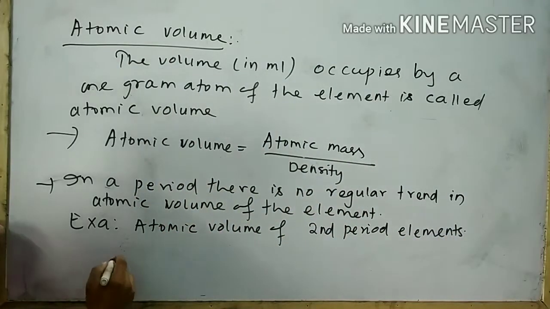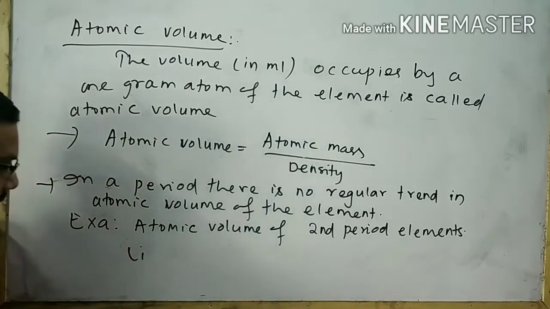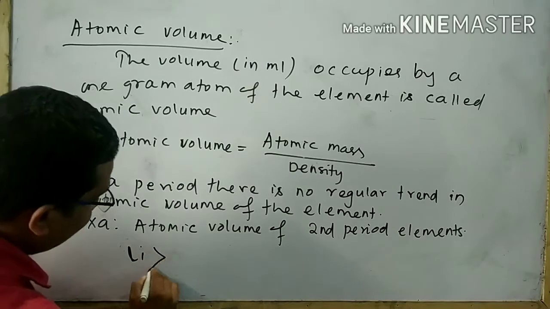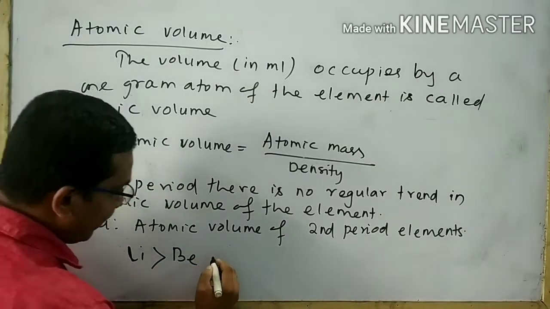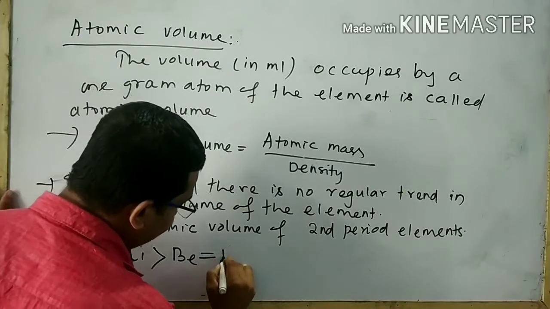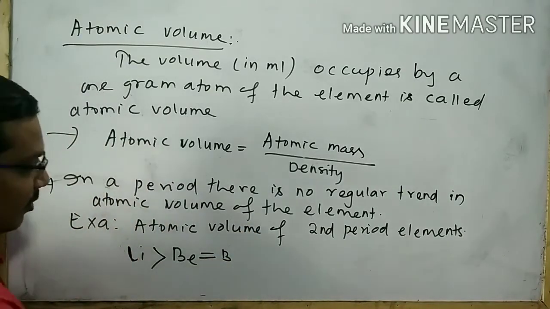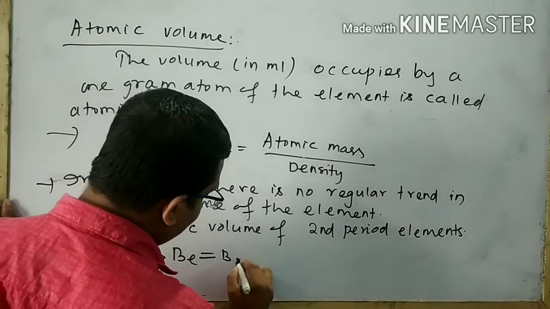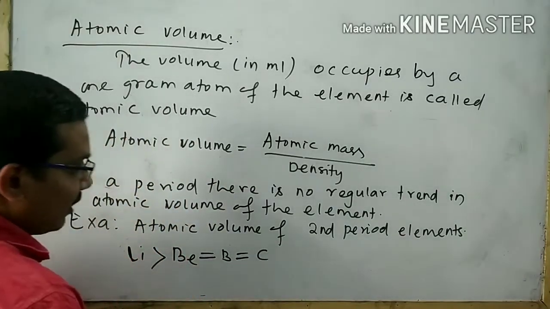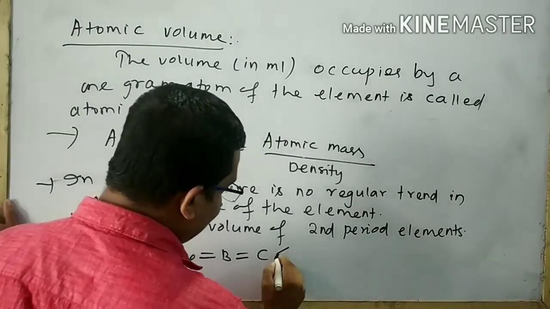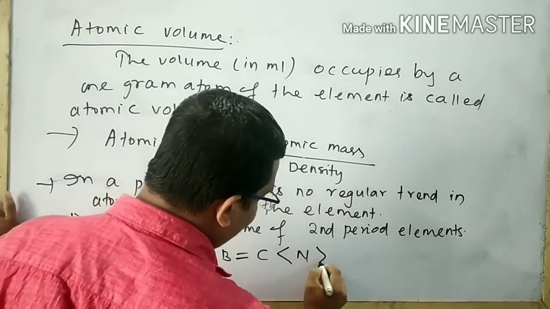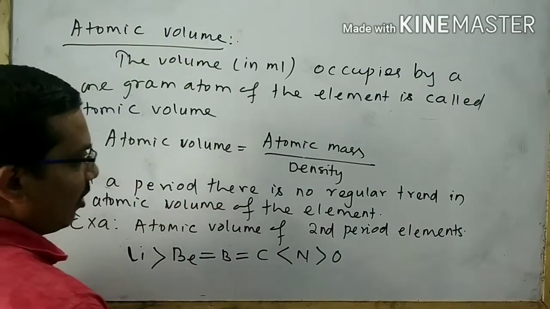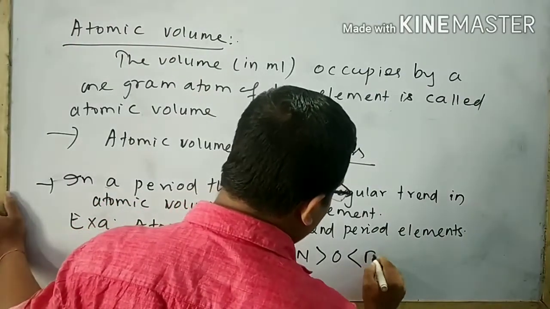If you think about the atomic volume of lithium, then the atomic volume of lithium is greater than beryllium, but beryllium has equal atomic volume with boron, boron also has equal atomic volume with carbon, carbon has less atomic volume than nitrogen, nitrogen has more atomic volume than oxygen, and oxygen has less atomic volume than fluorine.